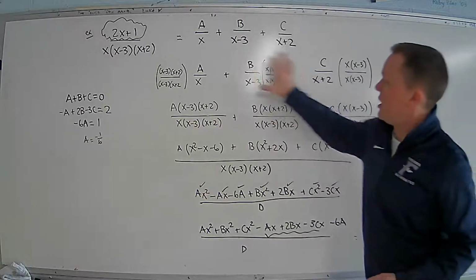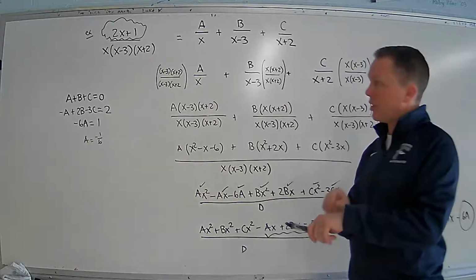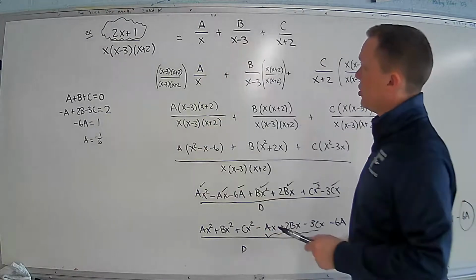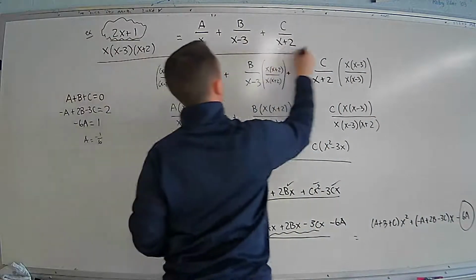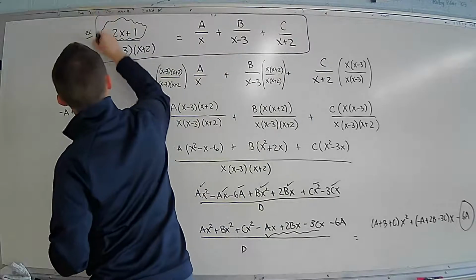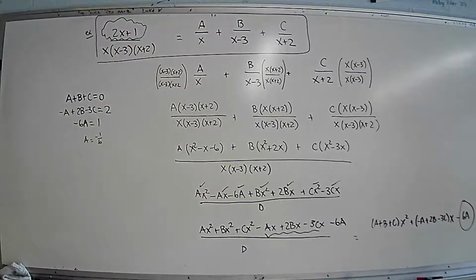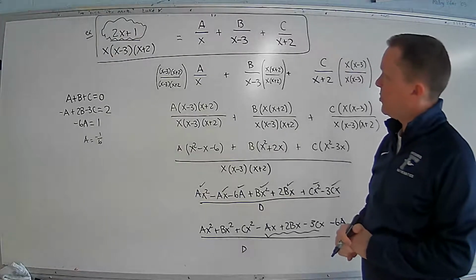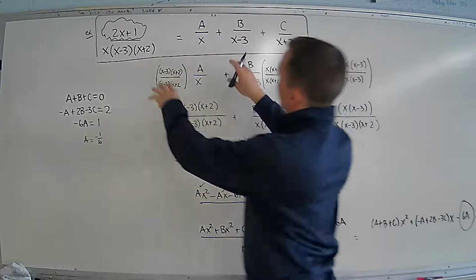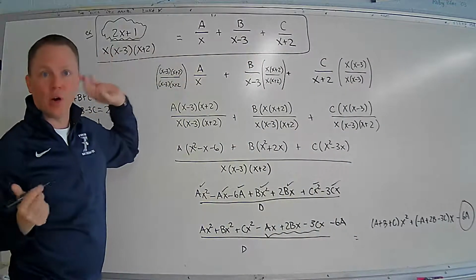You don't have to do any of this work right here at all to do this shortcut. All you have to do is this first step right here. Set up the decomposition. And this is called the Heaviside cover-up method. You set up the decomposition. Set these 2 things up right here. And now we're going to go and figure out what a is.